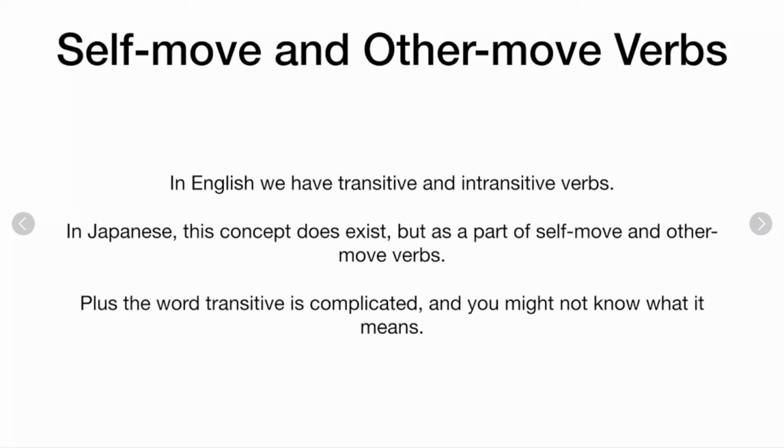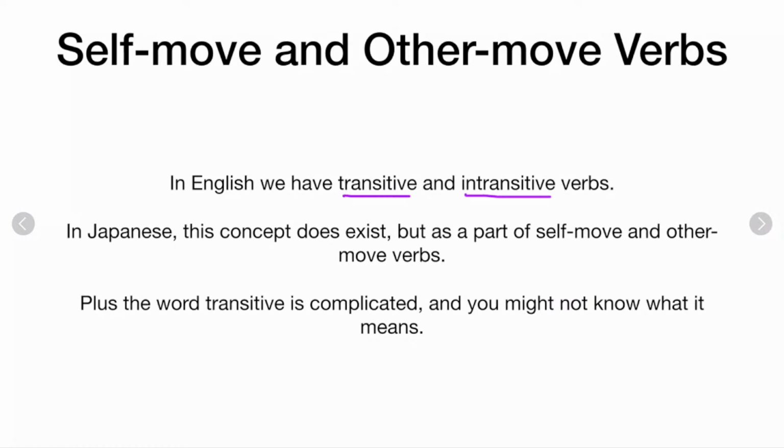Okay. Next, let's look at self-move and other move verbs. This is going to be kind of like a couple of rules of thumb, but the concept I want you to get is actually what is a self-move and what is an other move verb, and then it's okay if you don't remember all the rules at this moment. Okay, so in English, we have what are called transitive verbs and intransitive verbs.